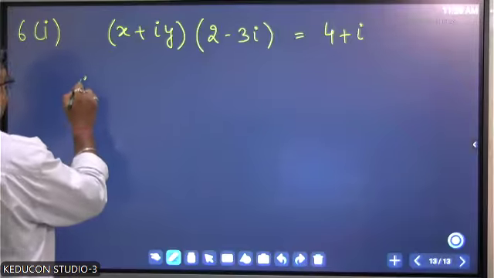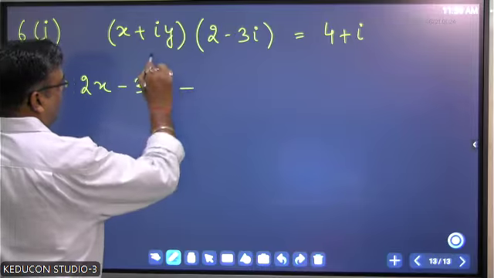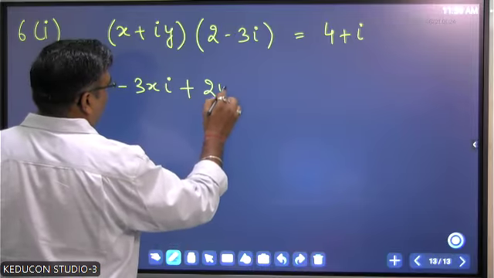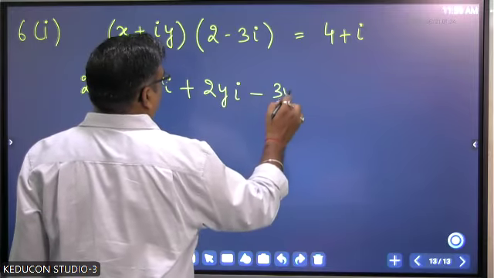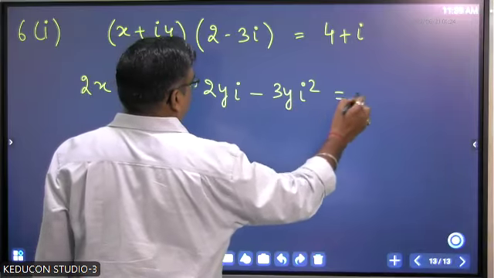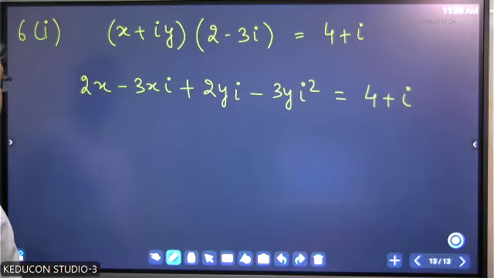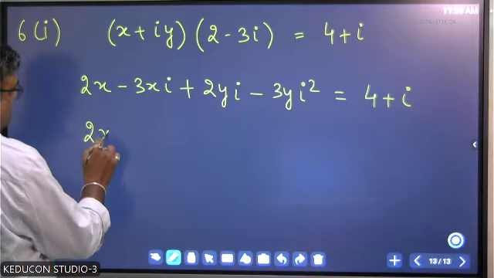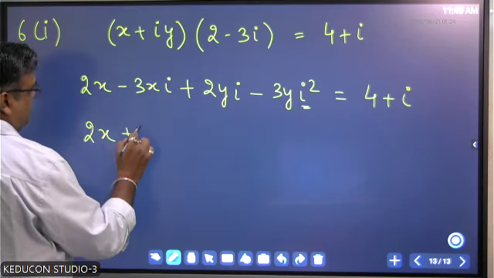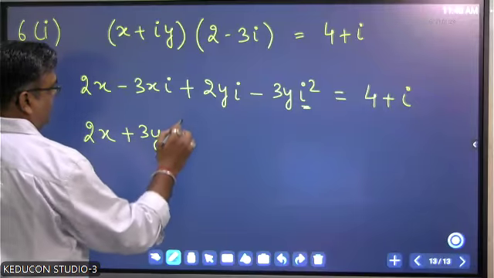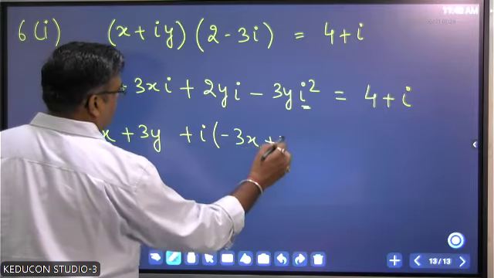So you multiply it: 2x minus 3x iota plus 2y iota minus 3y iota square equals 4 plus iota. Right, children? So this becomes 2x. Iota square is minus 1, so minus minus plus 3y, plus iota into (minus 3x plus 2y).